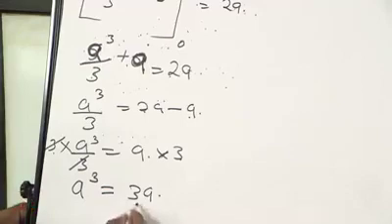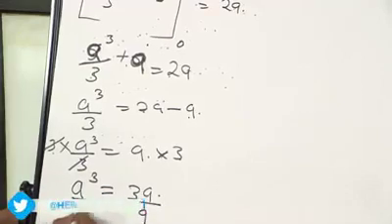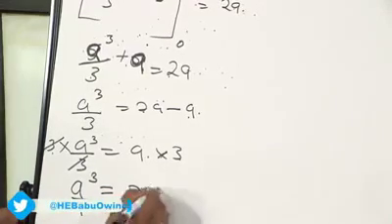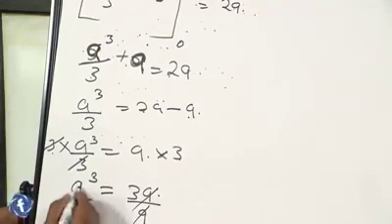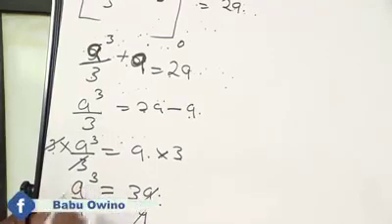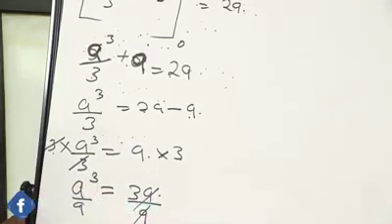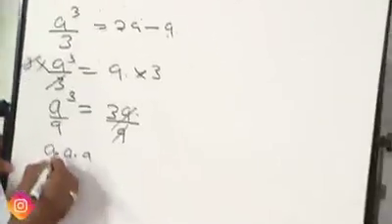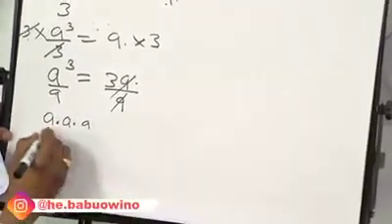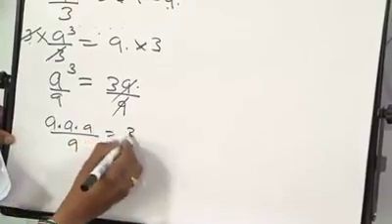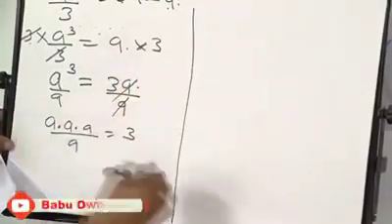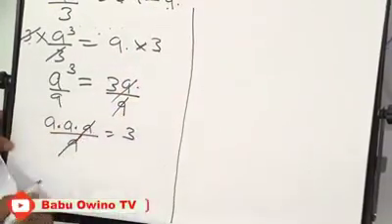Then we can further simplify by dividing by a because a is common. So a and a goes. Therefore, a raised to power 3 is like saying a times a times a, divided by a equals to 3. So from here, a can cancel 1a. Then you remain with a.